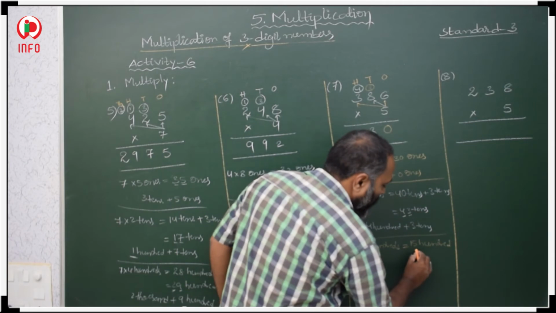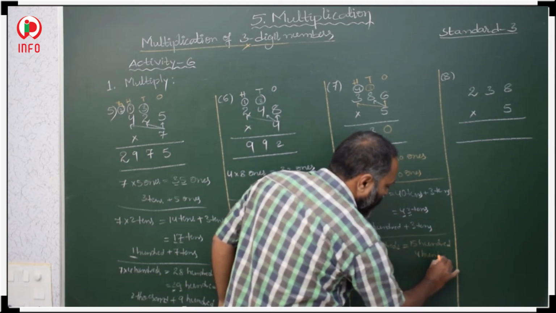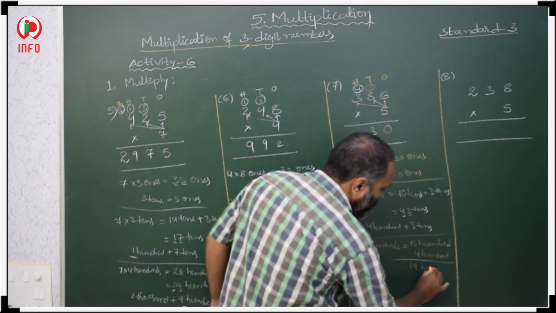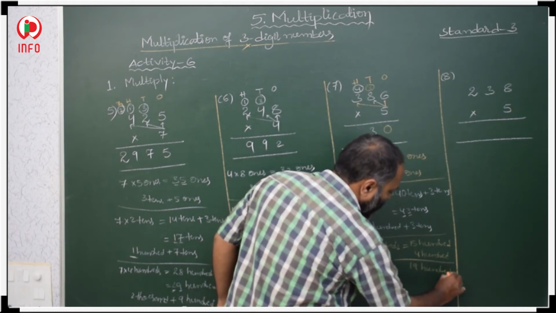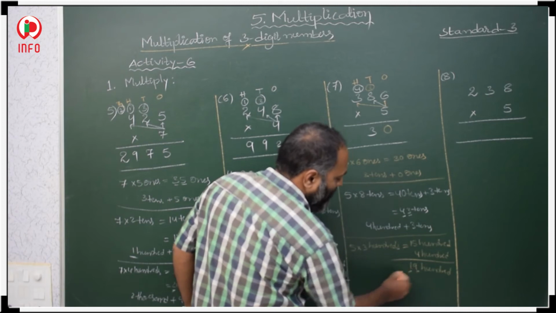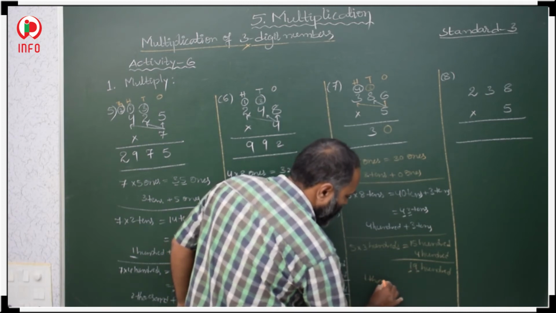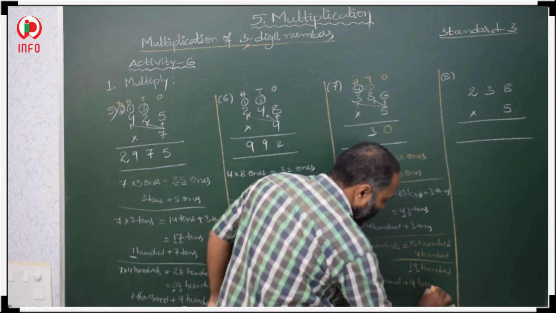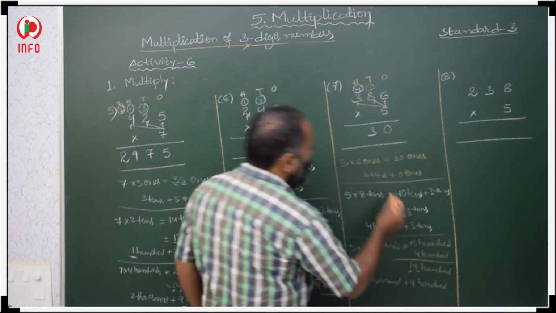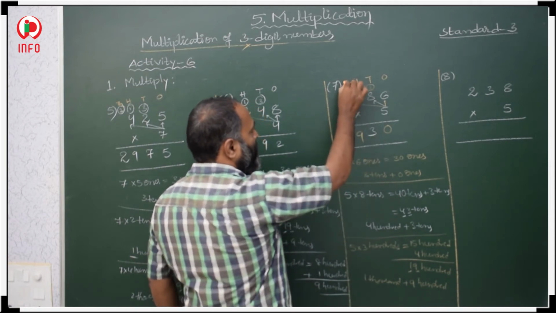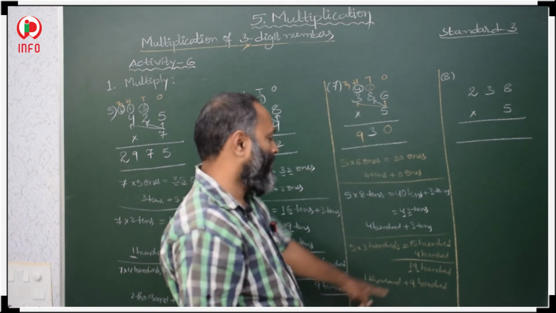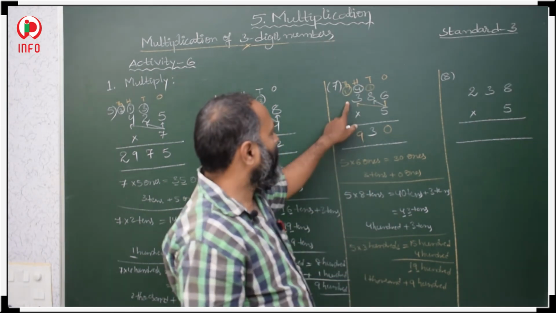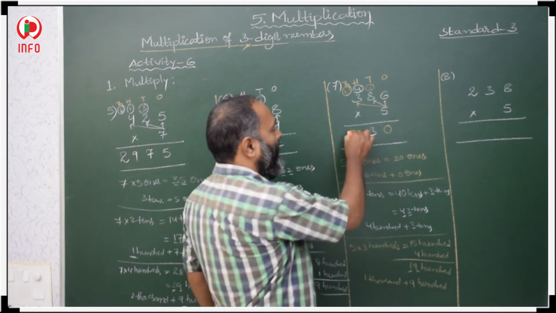So that 4 we have to add. 15 plus 4, 1900. 1900 means 900 and 1000. So 9 is in hundreds place. Here there is no thousands place, so we take 1 as it is.